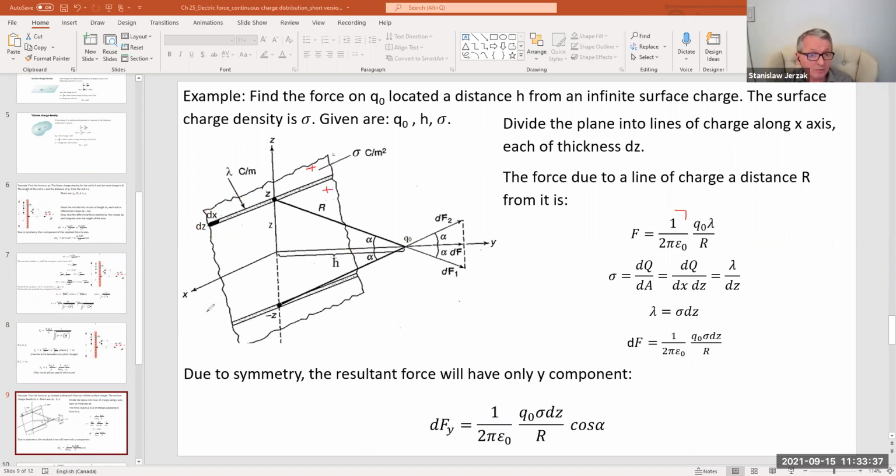I repeat again, the plane is in the XZ plane. And then we wanted to find the force acting on charge Q0, which I also took as positive. The charge Q0 is at distance h from this plane, because Q0 is on the y-axis, so h is the perpendicular distance from that plane.